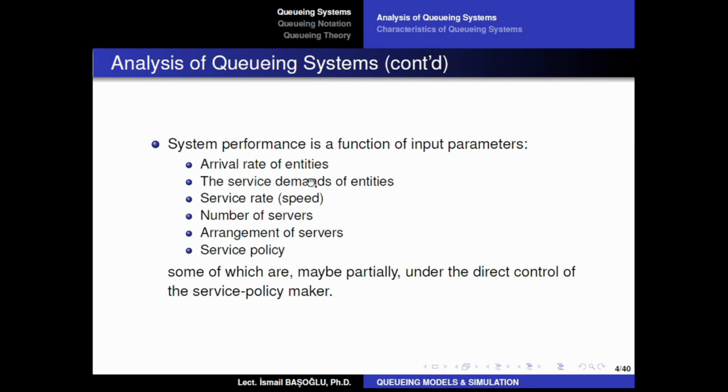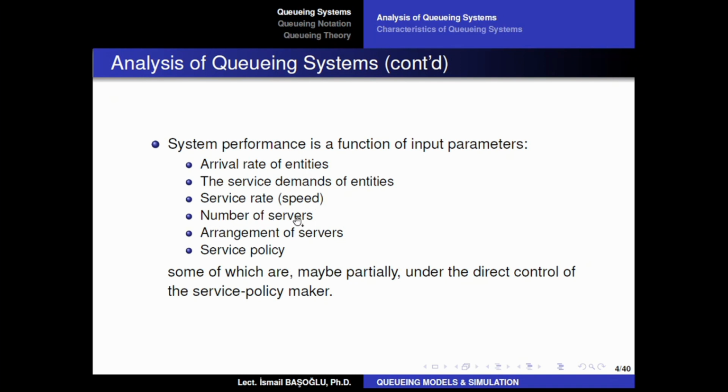So depending on the service demands of the entities, the service times can be affected. And similar to that, there is also a service rate or a service speed to that specific service. Not every haircut process is going to have the same speed, right? It depends on the type of the hair and the model that the customer is requiring.